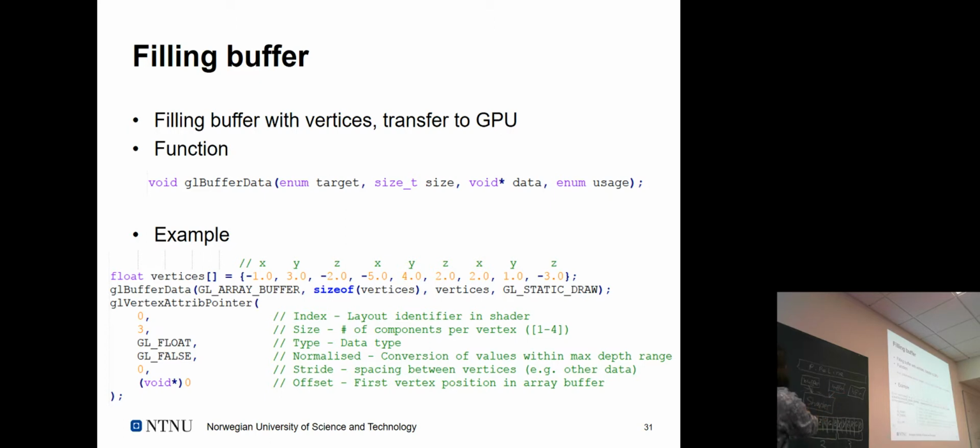So if we write here 4 bytes, 4 bytes, and 4 bytes, this means that it will read x, y, z for the first vertex, then it will skip 12 bytes. It will start reading again x, y, z. It will skip 12 bytes. It will start x, y, z. If we want to have color included, then the stride is 0. So it will read x, y, z, RGB. Doesn't skip anything.